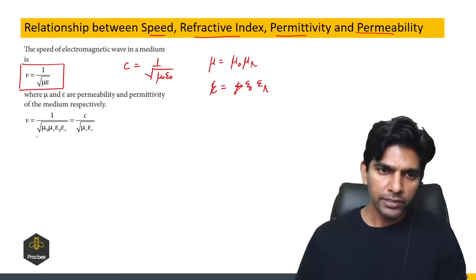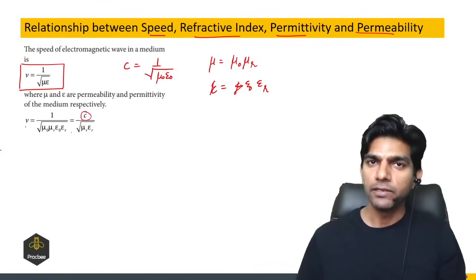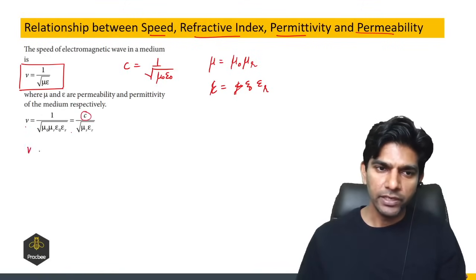So this can be written as 1 upon square root of mu naught mu r epsilon naught epsilon r, and 1 upon square root of mu naught epsilon naught is nothing but the speed of light in vacuum. So we can say v is equal to c upon square root of mu r epsilon r.